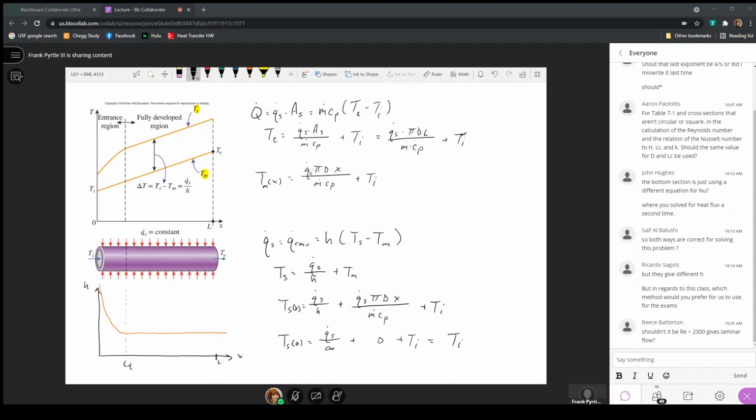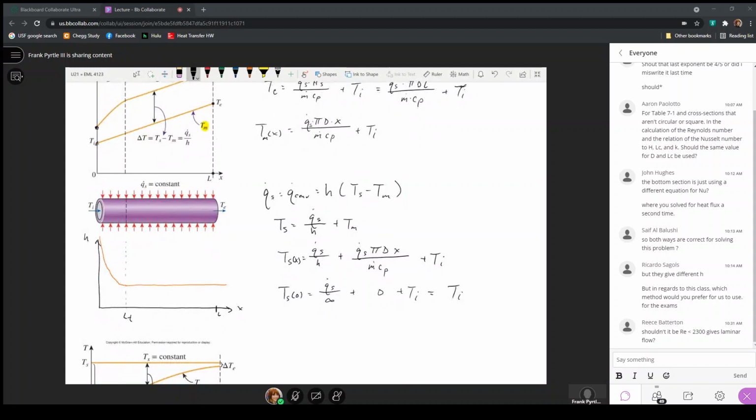So here, at x equals 0, there's a temperature difference. It's lower than the temperature difference at H. Here, they're just not considering it to be an infinite value, some calculable value here. If we don't consider H infinite right here, then this would be some magnitude added to Ti, which is what this is here. This is whatever the temperature Ts is at x equals 0, and here's a temperature that is Ti. But now, what happens? H decreases as a function of x.